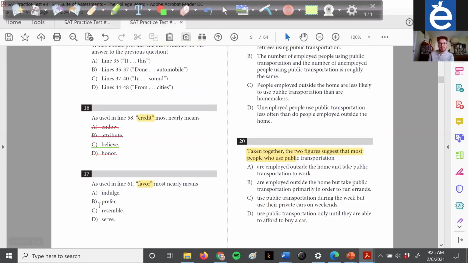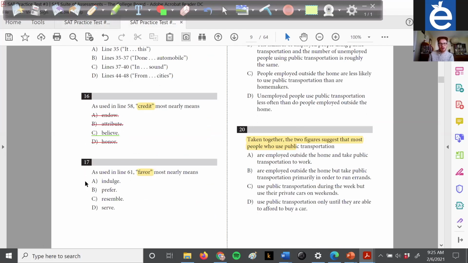But what matches prefer, that synonym we already have in our head? Boom. To indulge the cities? Well, no, we're not granting them a favor. To resemble the cities? I really hope that these people don't look like a city. To serve the cities? No, they just like them better. You can see how favor might mean serve in another context, but not as it's used in line 61.